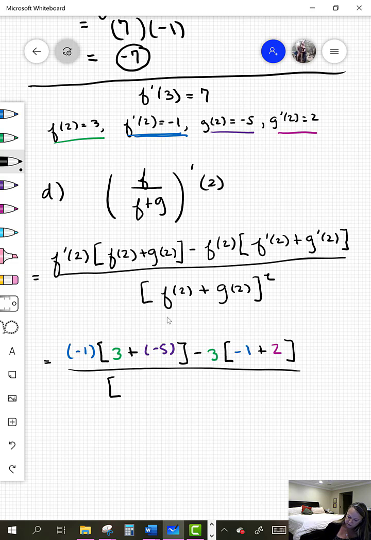F of 2 again is 3, plus g of 2 was negative 5, quantity squared.